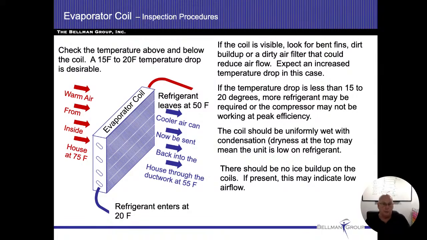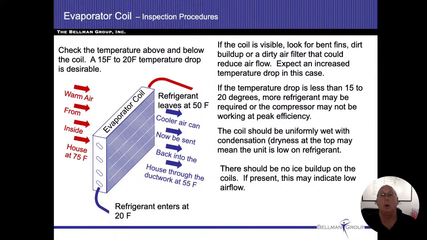So as we look at our furnace, we know what the temperature is via the thermostat coming into the house. If you want to put a dial thermometer on that just so you can take a picture of it ahead of time and put that in your report, there's nothing wrong with that at all. All right. I want you to remember that 15 to 20 degree temperature drop. So if it comes in at 70, it should be leaving somewhere around 55 to 60 degrees, 15 to 20 degrees difference.